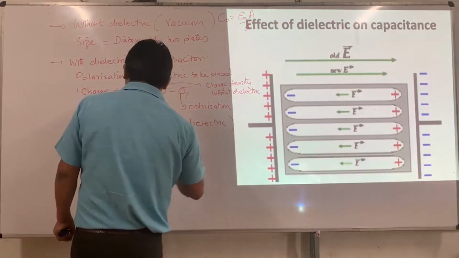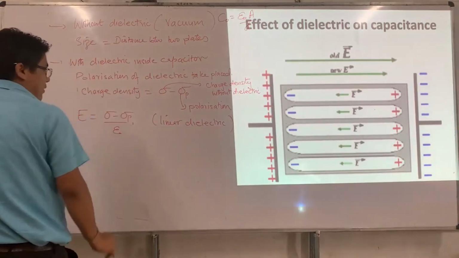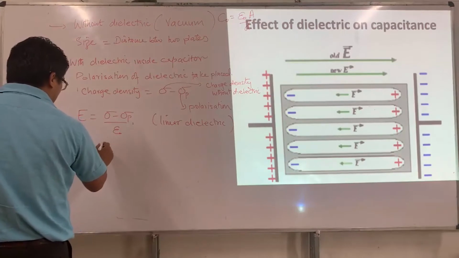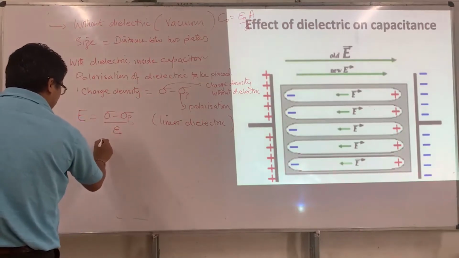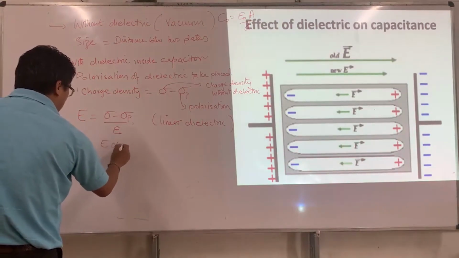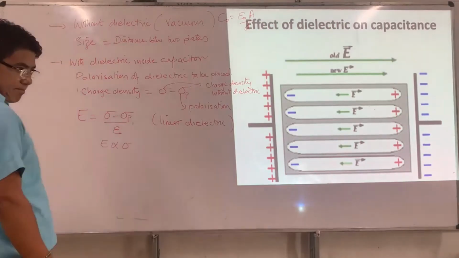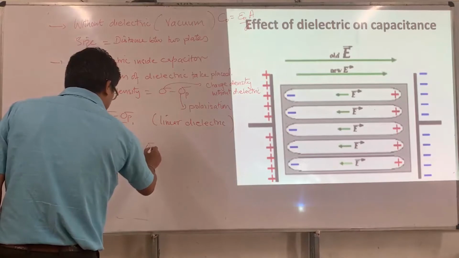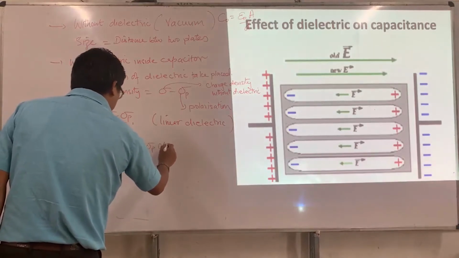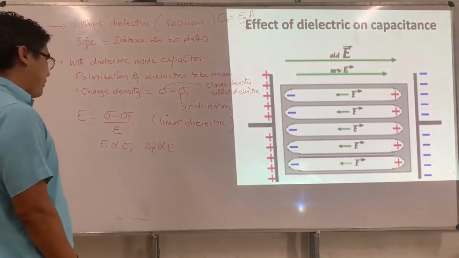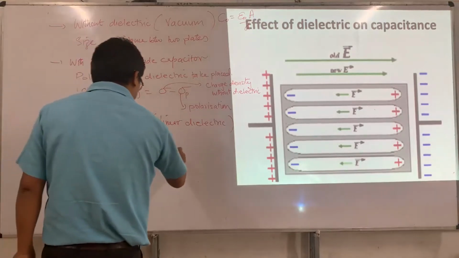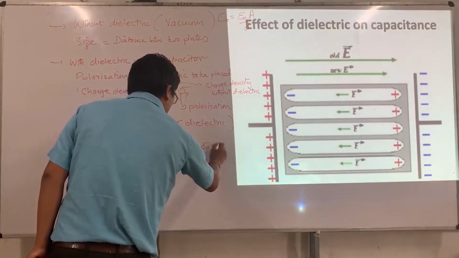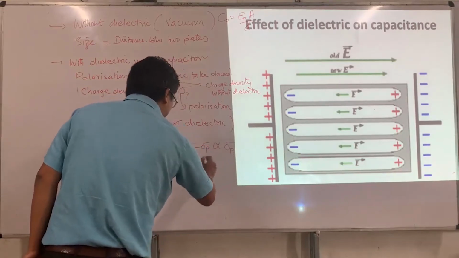For a linear dielectric, the electric field is proportional to sigma, and this is again proportional to the electric field, therefore this is proportional to sigma p.